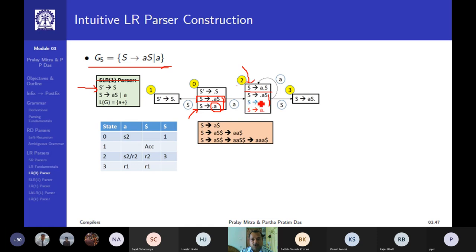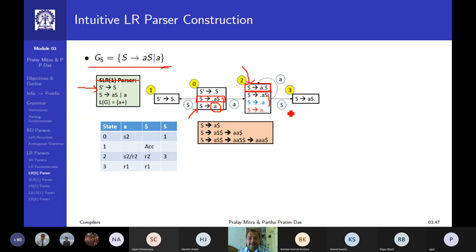Now from state 2, if I see S, then I will move on to state 3 for the first item in state 2. From here I will move on to state 3 when I see S.